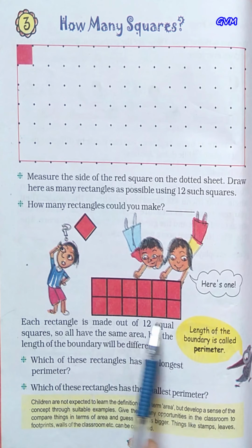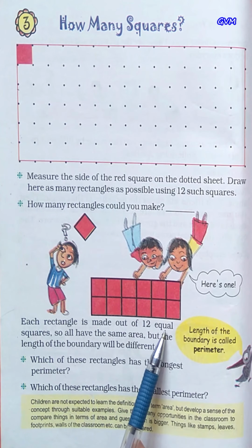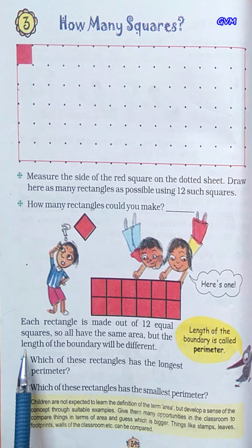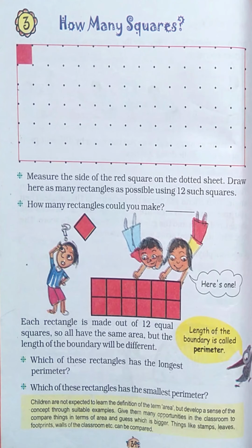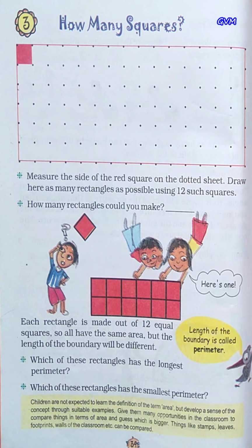Each rectangle is made out of 12 equal squares, so all have the same area but the length of the boundary will be different. So if you form different rectangles, you will see that their area is the same but the length of the boundary will be different.